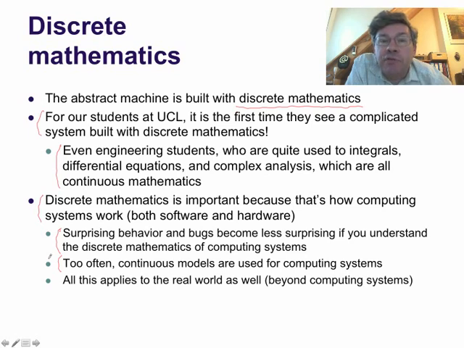You take averages, for example, where you try to predict things. Sometimes that works, but only within certain boundaries. Outside of these boundaries, the inherent discreteness of computing systems shows up. And what's more, all of these lessons also apply to the real world. So the real world, you can describe much of it using continuous mathematics, but you also need discrete mathematics.